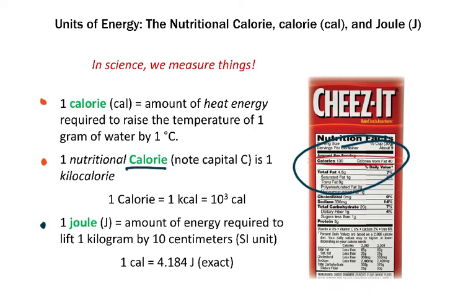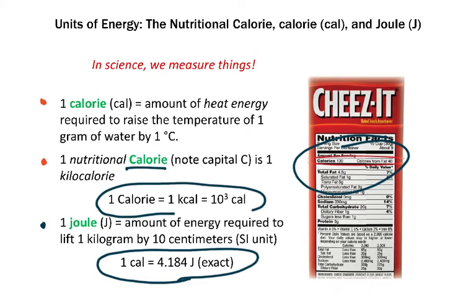That'd be the energy required to do that. And as always, we have a conversion factor between these units. Here are two conversion factors between calories and big Calories, and calories and joules.